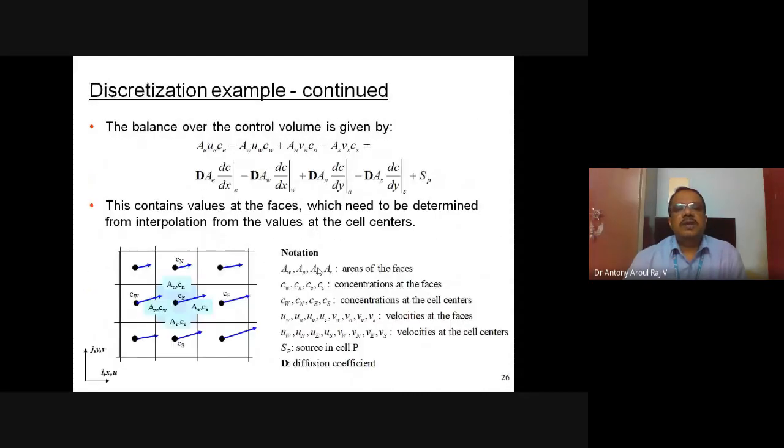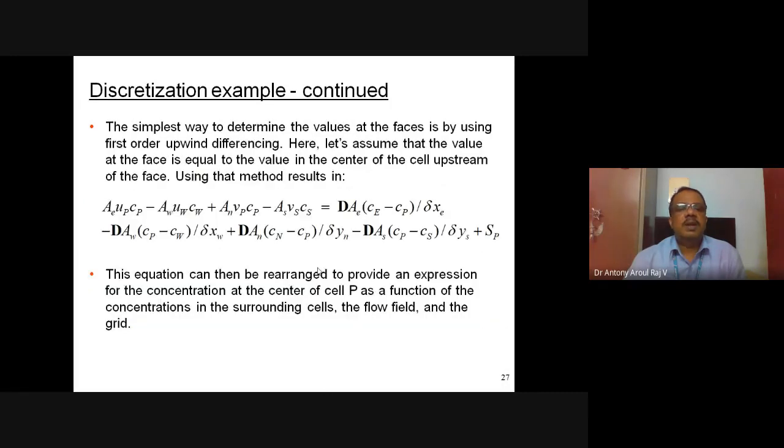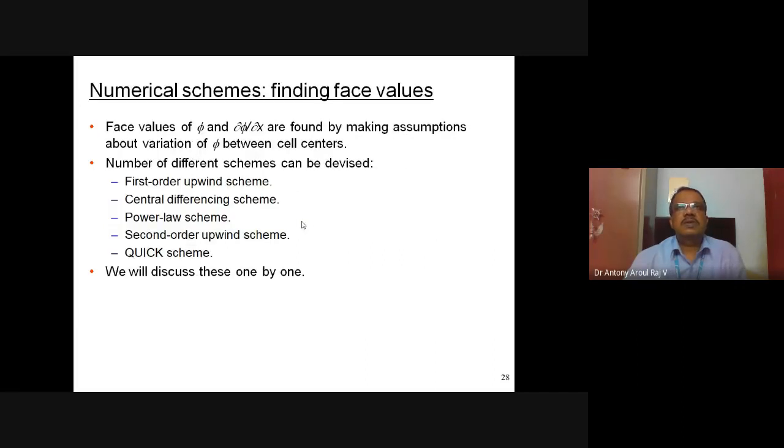We have found that while discretizing the right hand side diffusion terms, it will not pose any problem. The left hand side convection algebraic equation will pose a problem, especially when the velocity is high. When velocity is high, you cannot use the central difference scheme. You have to go for an upwind scheme, or power law scheme, or second order upwind scheme or QUICK scheme.